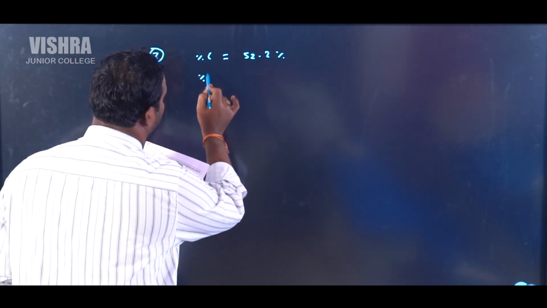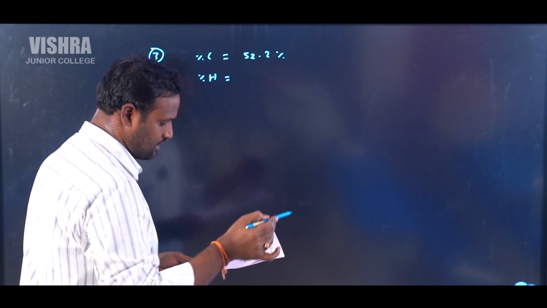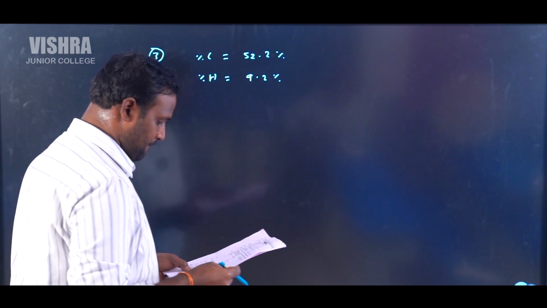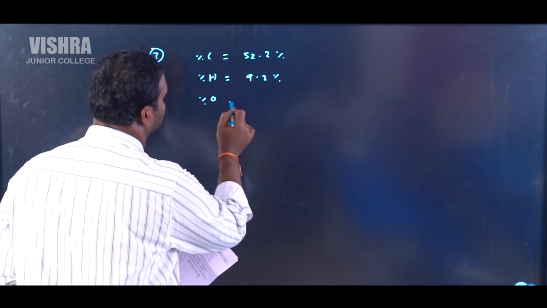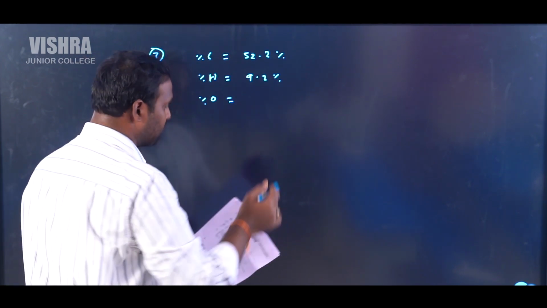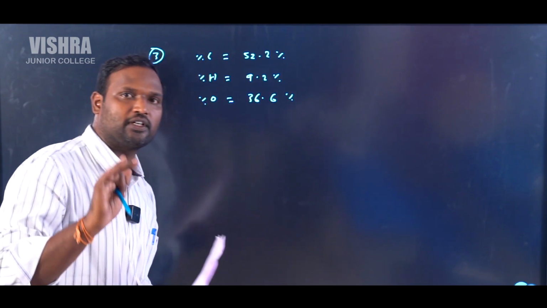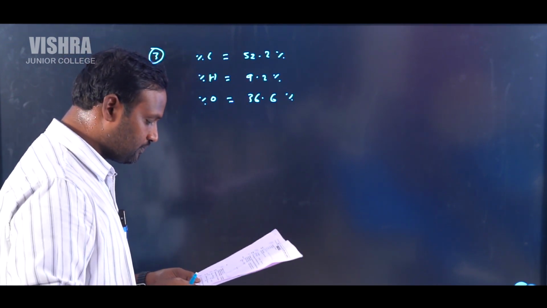Next, the percentage of hydrogen in the given compound is 9.2%. Next, the percentage of oxygen in the given compound is 36.6%. They have given the percentages of 3 elements in the compound.